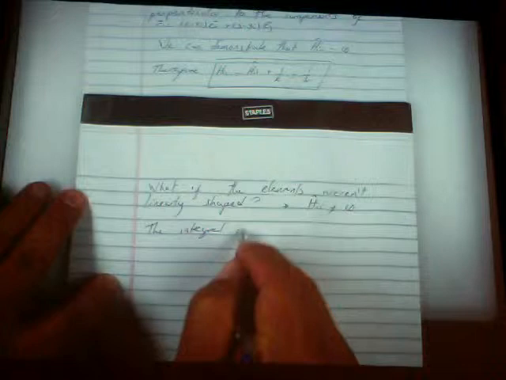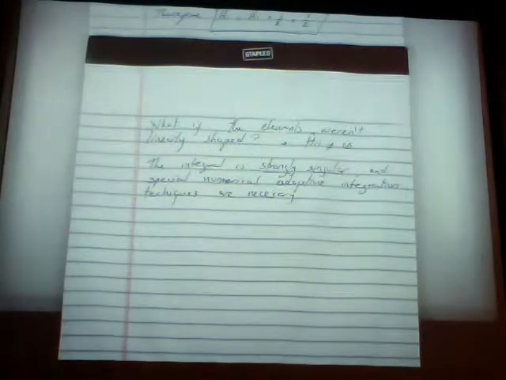The integral is strongly singular, and special numerical integration, adaptive integration techniques are necessary. Okay. But locally, we'll always be working with linearly shaped elements.